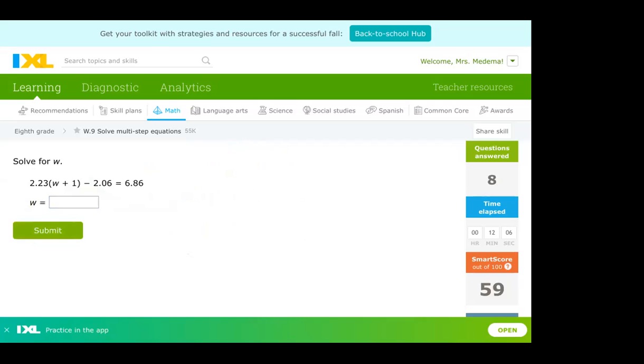All right, next one. We have 2.23 times w plus 1 minus 2.06 equals 6.86. All right, so going into here, we have to multiply the 2.23 to everything in the parentheses.